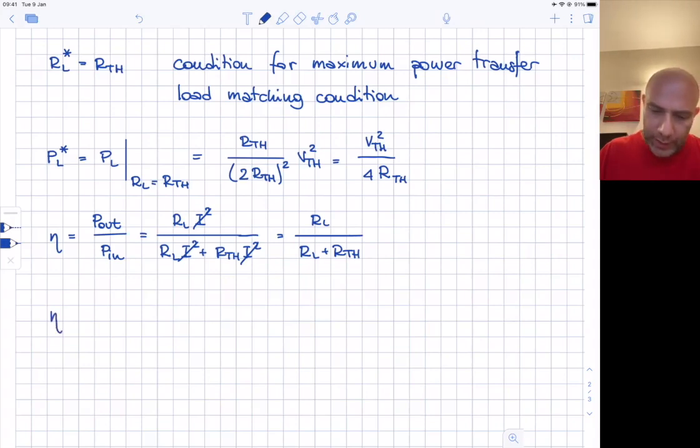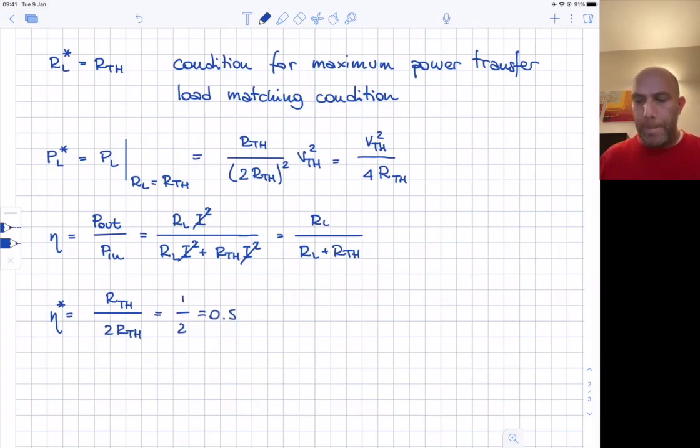The efficiency that we have in the maximum power condition, let's call this efficiency eta star, is RTH divided by 2RTH. So it is 1 over 2, 0.5. So the efficiency in the condition of maximum power is not that large because it is only 50%. Okay?